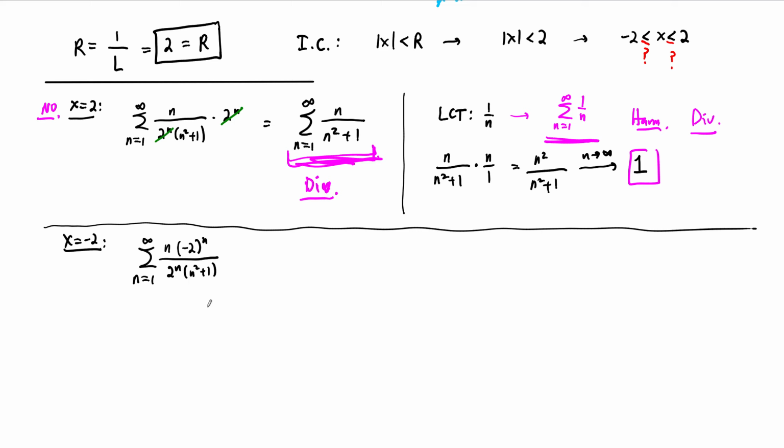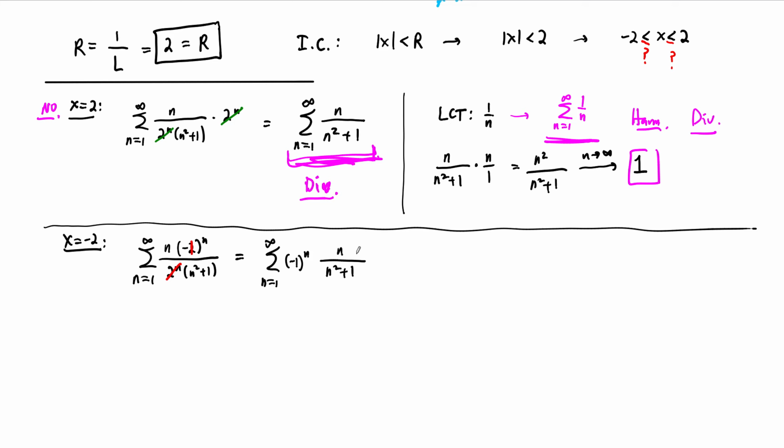Okay. When we try to do our cancellation here the same way we just did it with the right endpoint, we can cancel the 2's, but it leaves behind a -1 to the power n upstairs. Okay, the 2 to the n's cancel, -1 to the n stays. And so what we end up with here is this sum, n from 1 to infinity, -1 to the n over n squared plus 1.